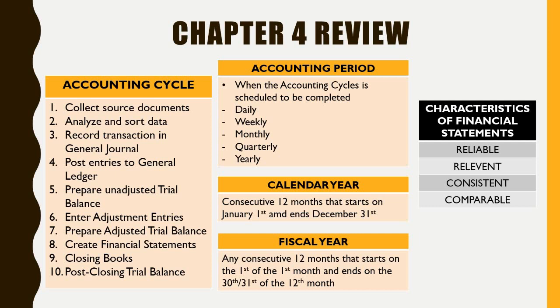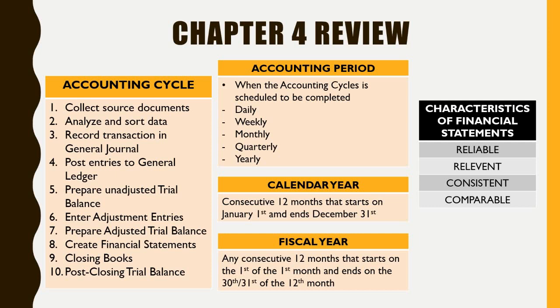The accounting period is when you schedule to complete the accounting cycle, and it can be broken down to daily, weekly, monthly, quarterly, or whatever means you want to keep track of your business. But at the end of the day, you have to do an annual report at the end of the year. And you can choose either calendar or fiscal year for the purpose of filing your taxes.